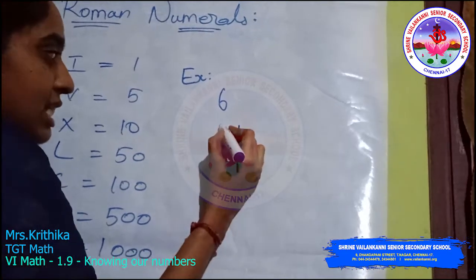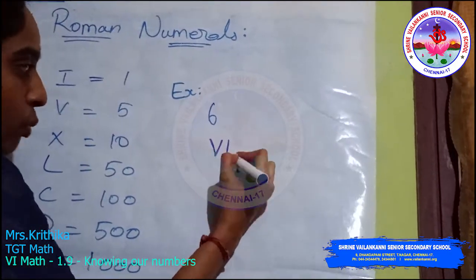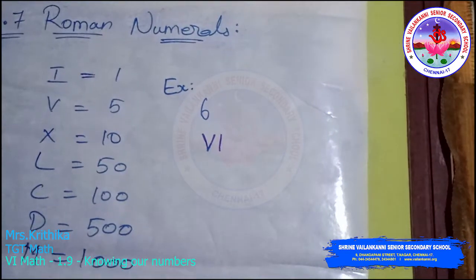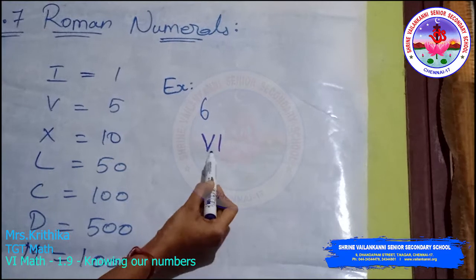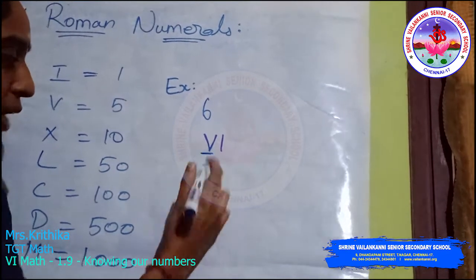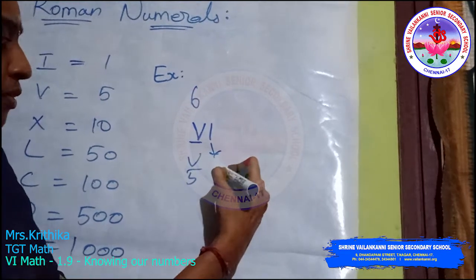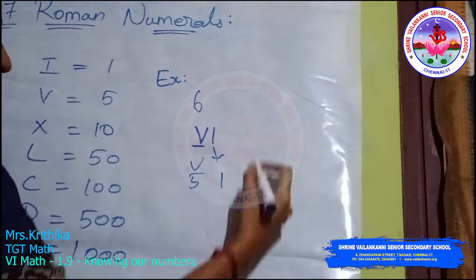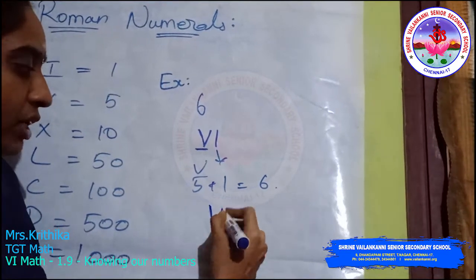V is the 5 value, I is 1. The smaller value is to the right of the greater value. Greater value is 5, I is 1. 5 plus 1 is equal to 6. The Roman numeral is VI.